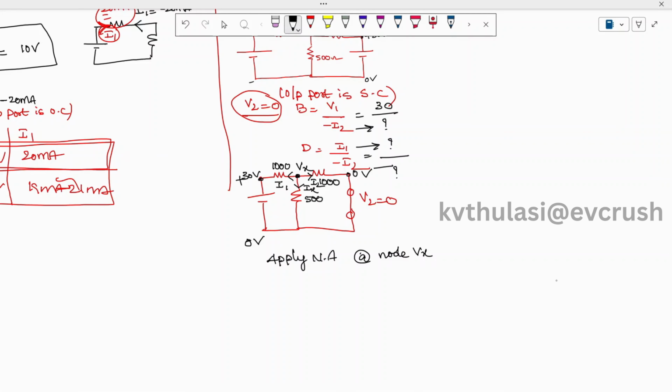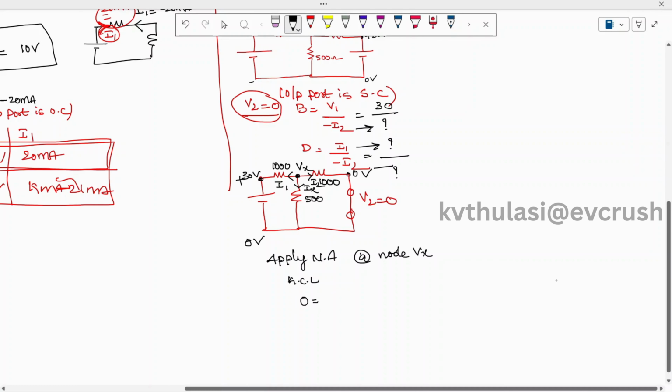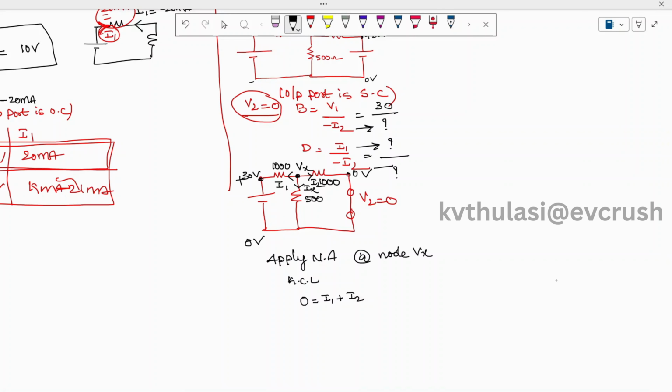What are the entering currents? No entering currents, all are leaving currents, which is indirectly the application of KCL. You can see I1 is leaving, I2 is leaving, and Ix is also leaving. So I1 plus I2 plus Ix.